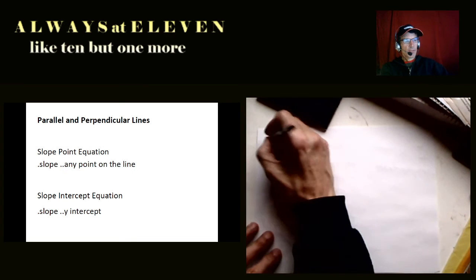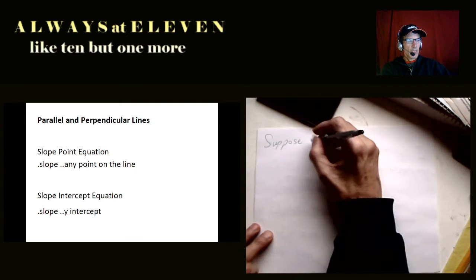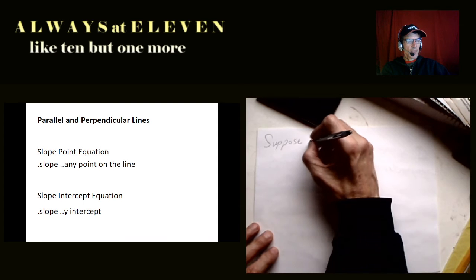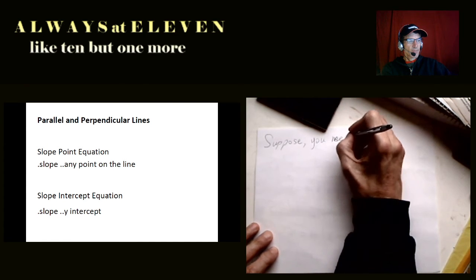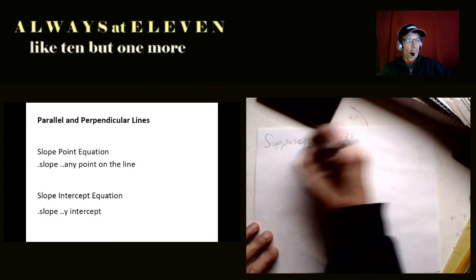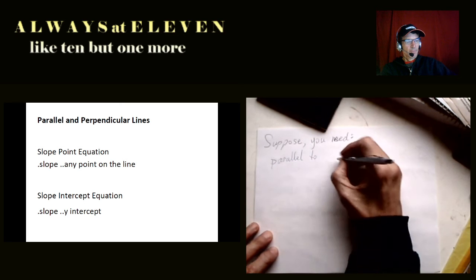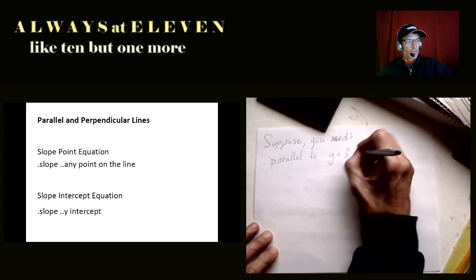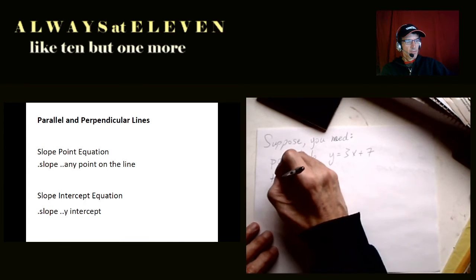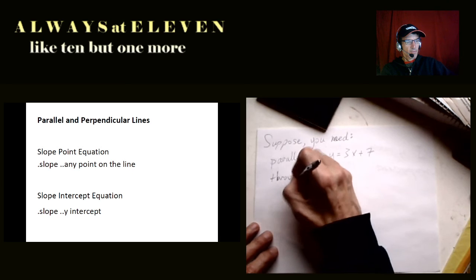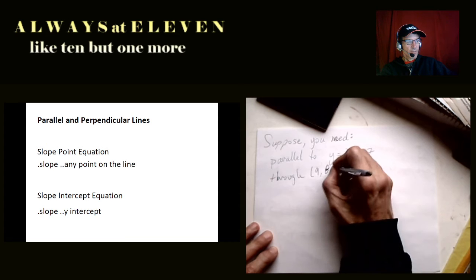Suppose you need a line that's parallel to y equals 3x plus 7 and through the point (9, 8).